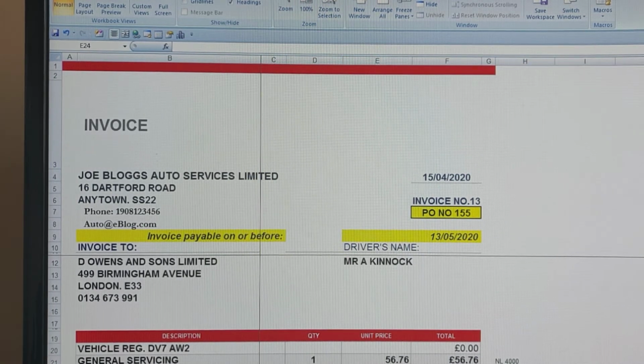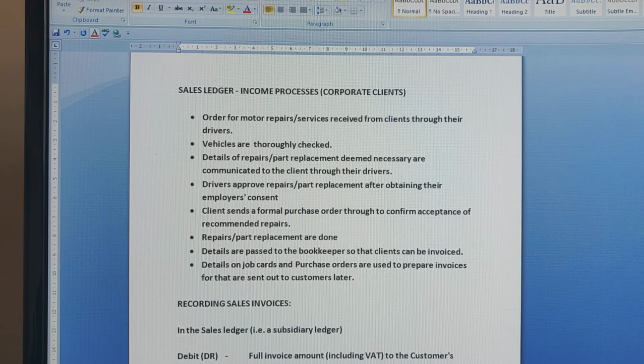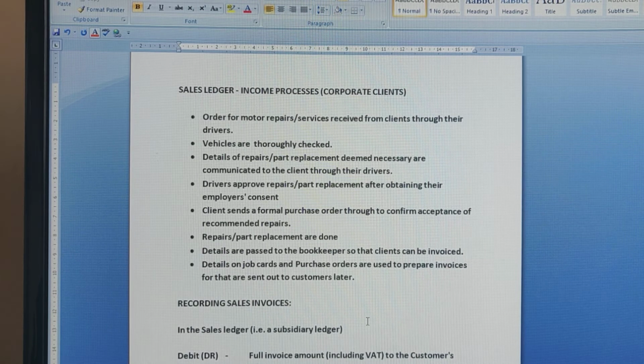Now, how do we do this invoice? The accounting treatment of the invoice, I'm now going to explain. Okay? In the sales ledger, you debit the entire amount plus VAT to the customer's account, because the customer has to pay everything to Joe Blogs Auto Service Limited plus the VAT element. In the nominal ledger, you credit the net amount excluding VAT to the sales account.